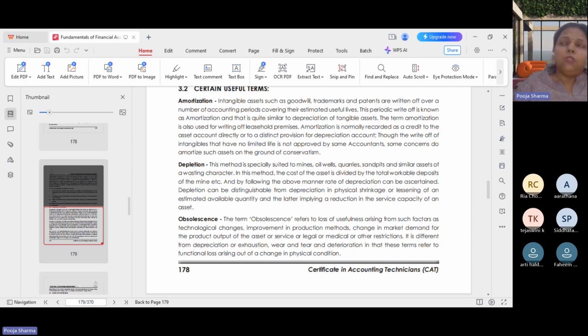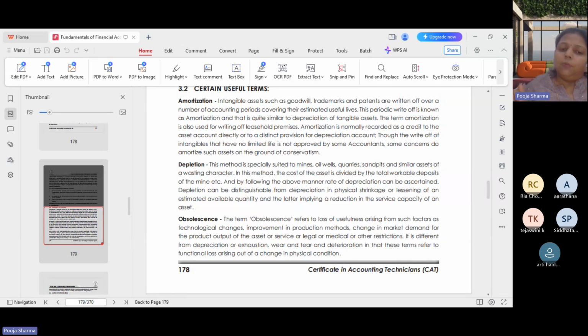That means we can't use it for long now. There may be many reasons: advancement of technology, demands of customers. So we have to replace the asset, whether we have funds or not. This is obsolescence: even though the machine's time has not expired, we have to replace it because of advancement of technique that makes it obsolete.